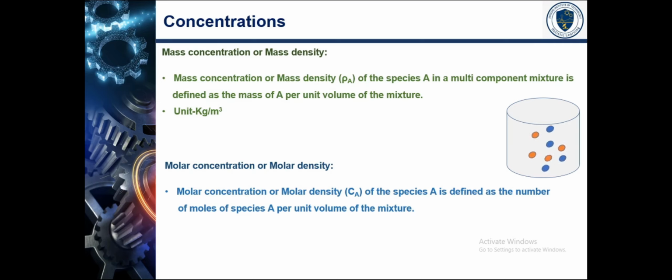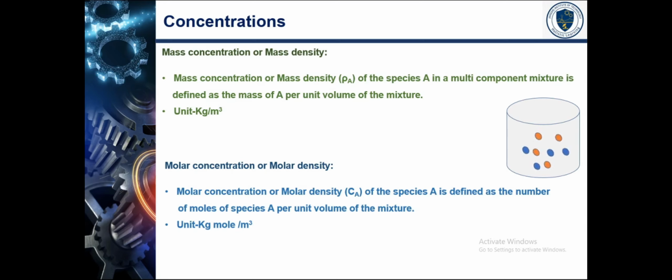In the same way, molar density of the species B can be notated as number of moles of species B per unit volume of the mixture. It is called molar concentration or molar density of species B. The unit for molar concentration is kilogram mole per meter cube.